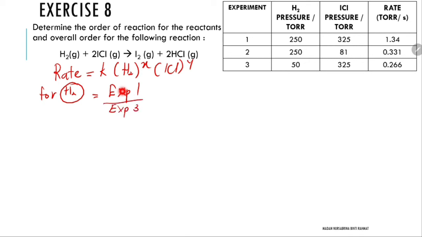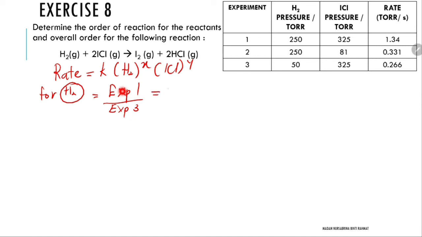Why do I put experiment 1 on the top? Because the partial pressure of hydrogen is greater in experiment 1, and the rate of reaction is also greater in experiment 1 compared to experiment 3. I don't want to leave it in the form of fractions, so I put the greater number on top and divide by the smaller number. Let's substitute the values into the general rate law.